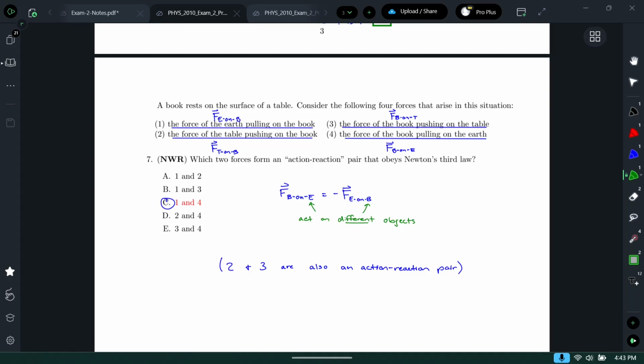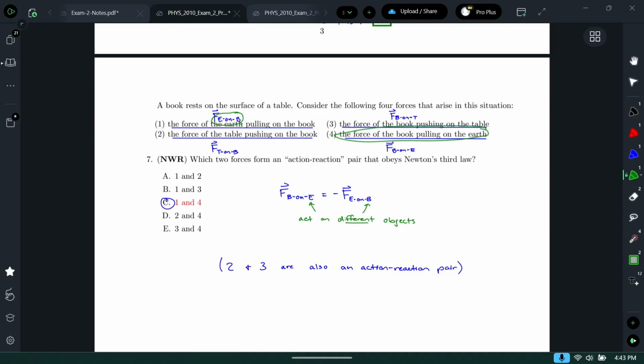So in a question like this, it's asking us, where do you have A acts on B and B acts on A? And that's why I underlined these and said, well, the force the Earth exerts on the book, number 1, that is the force the Earth exerts on the book. And so if there were a reaction pair to that, it would have to be the force the book exerts on the Earth, which is number 4. So those do happen to be an action-reaction pair.